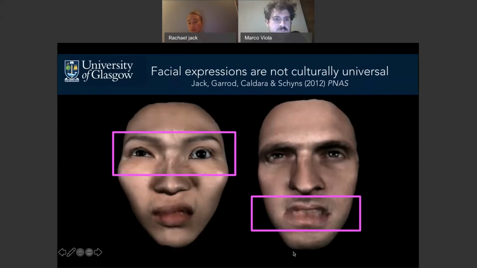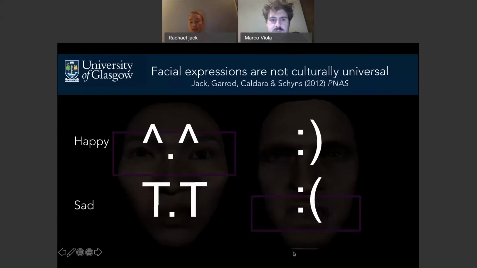So this is just a really basic illustration to show that with the method we can really get to some of the nuances of the signals and identifying what is similar and different across cultures. And here we found that the location of expressivity was different across the different cultures. And these results actually very nicely mirrored the emoticons that are used in different cultures.